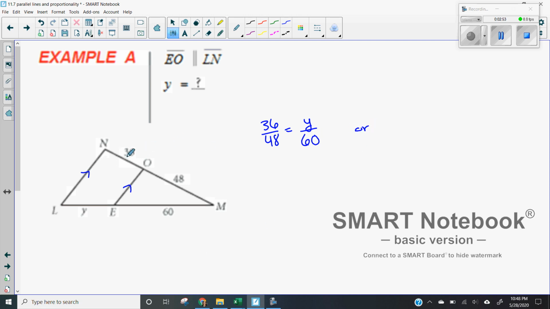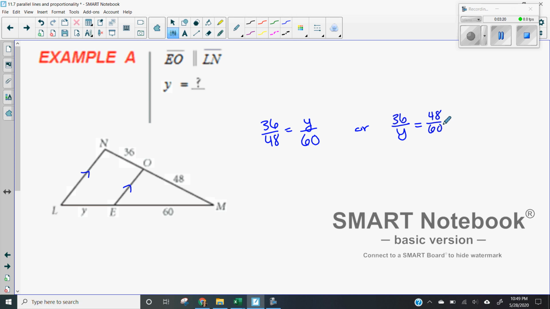I can also, let me just show you again, we can go across the triangle here, so I could say 36 over y equals 48 over 60. In either case, let me solve both of these again, just as a little reminder what happens when you do this cross multiplication. When we do 36 times 60, 2,160.